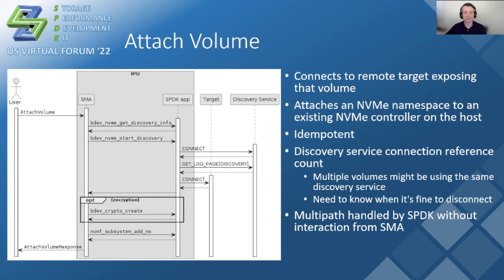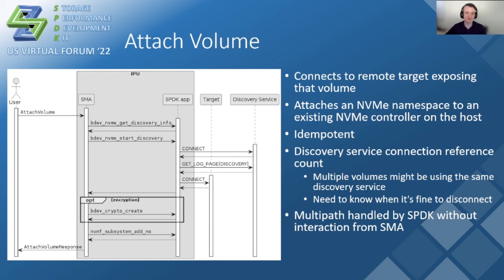It's worth noting here that SMA keeps track of the connections to discovery services. That's because you can have multiple volumes using the same discovery service parameters, and you need to know when it's safe to disconnect from one of those discovery services.